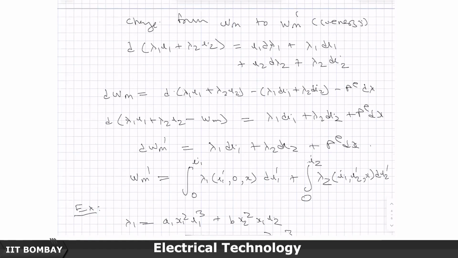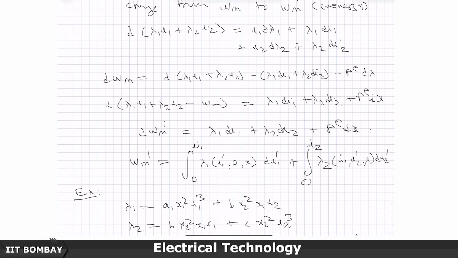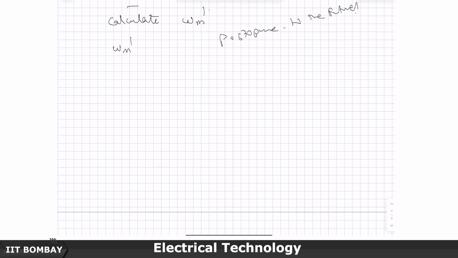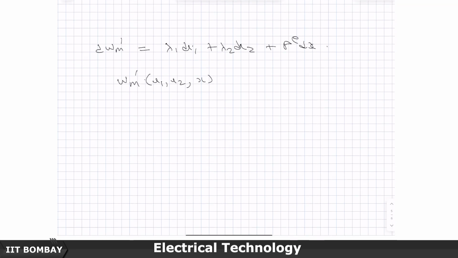These integrals which I showed you here, after I have done that, Wm dash is going to be a function of I1, I2 and x.